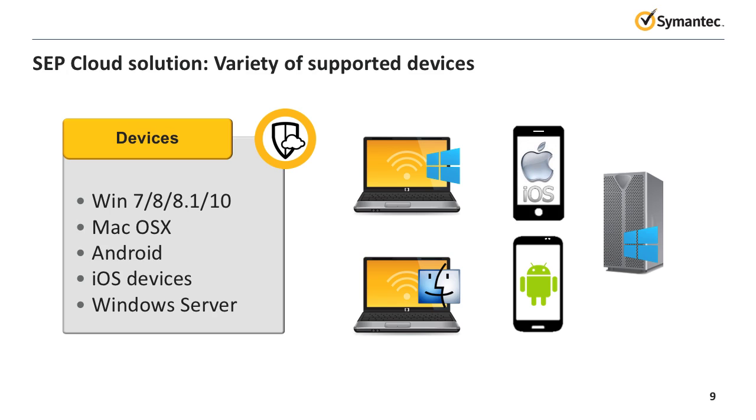The following devices are supported: Windows 7, Windows 8 and 8.1, Windows 10, Mac OS X version 10.9.5 and later, Android 4.2.2 and later, iOS 8 and later, Windows Server 2008 R2 Standard SP1, Windows Server 2012 R2 Standard, Windows Small Business Server 2011 Standard Edition, and Windows Server 2016. To maximize performance, Windows servers only use real-time file scanning and scan exclusion protection features.